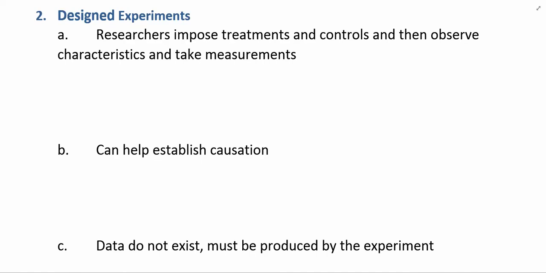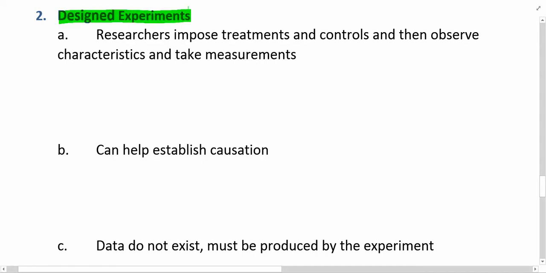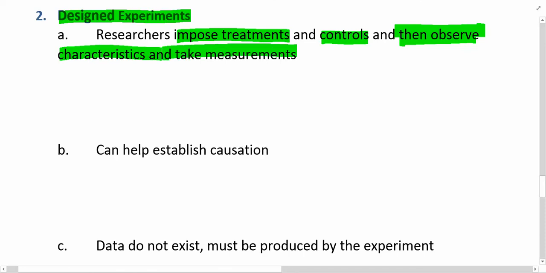An experiment, or designed experiment, on the other hand, allows researchers to impose treatments and controls and then observe the characteristics and take measurements from those observations. Experiments are what are used to help us establish causation.